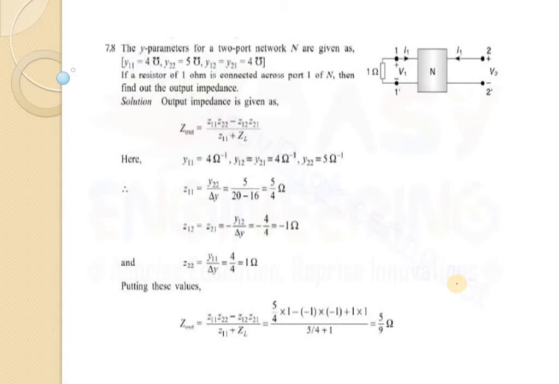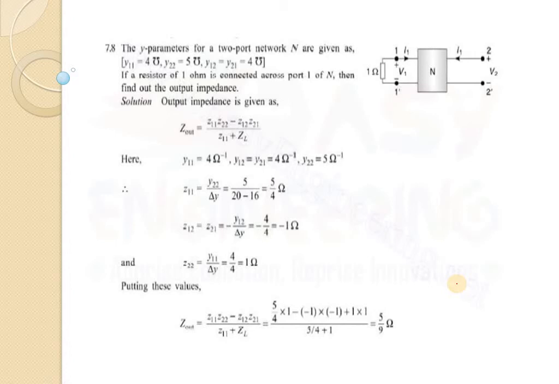Let us consider another problem. The Y parameters for a two-port network N are given as Y11 equals 4 mho, Y22 equals 5 mho, Y12 and Y21 equals 4 mho.